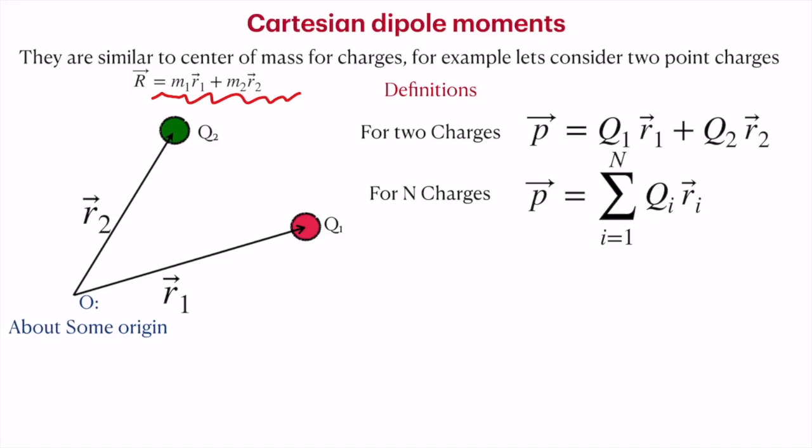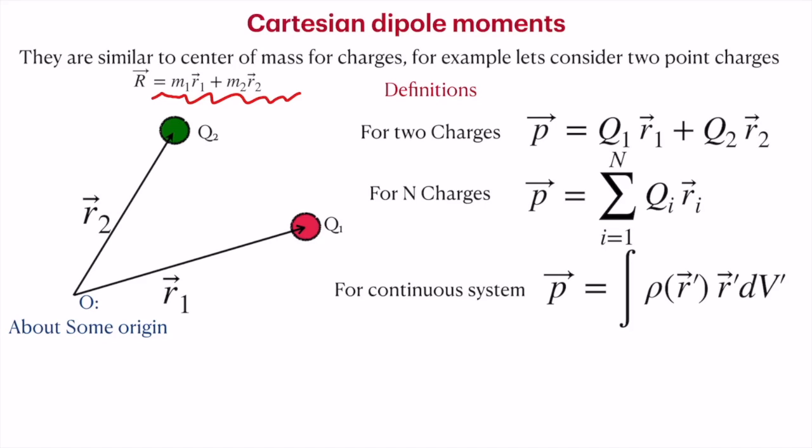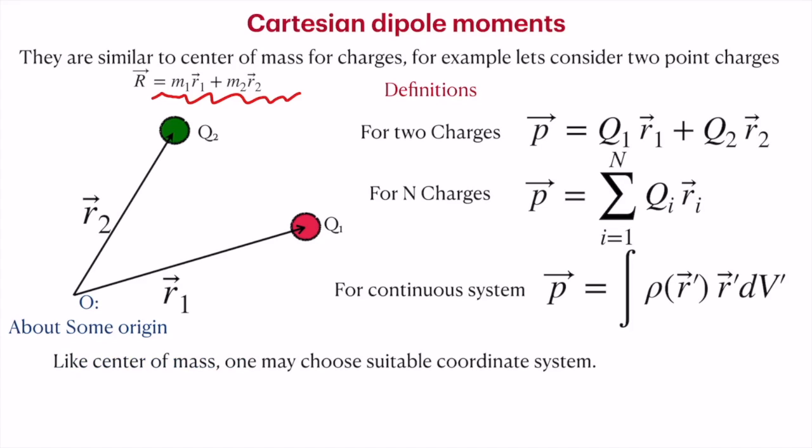This can be extended to an arbitrary charge distribution, and by continuity you can also extend it to the continuous charge density distribution. Here density multiplied by the position and integrated over the volume, but the idea is very similar.